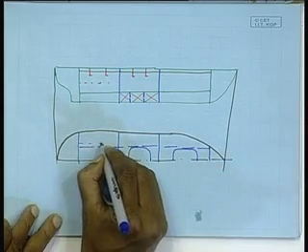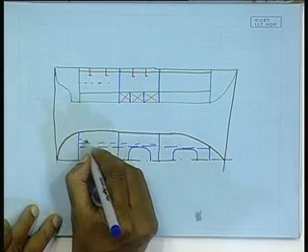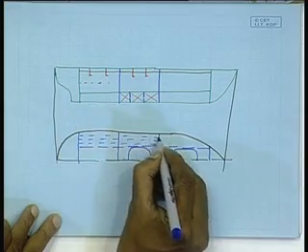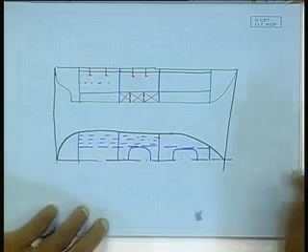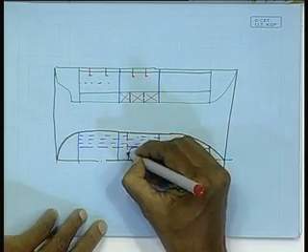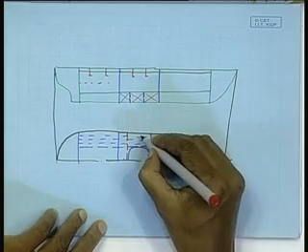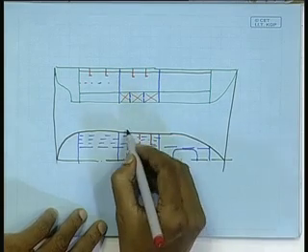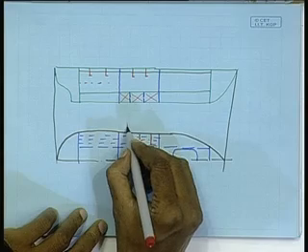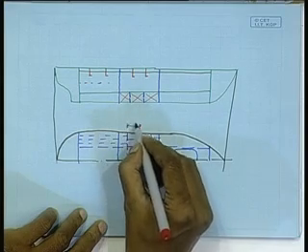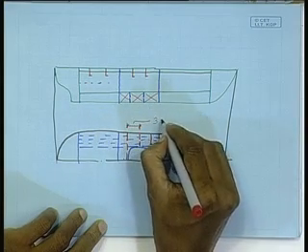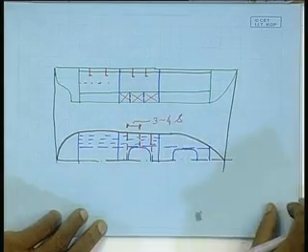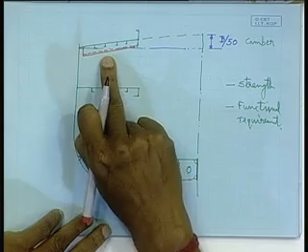You have the longitudinals, they are spaced as per the frame spacing, right, and the transverse members are here. You have one hatch end beam, there is another hatch end beam, and say another transverse. So the spacing between the transverses would be 3 to 4 frame space, right. So these transverses will provide the support.